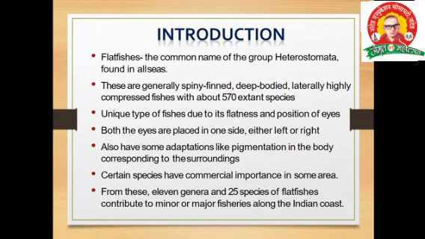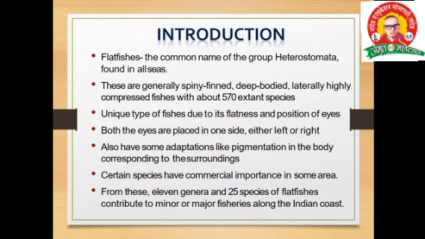Flatfish is the common name for the group Heterostomata, found in all seas. These are generally spineless, with a deep body, laterally highly compressed. As I already told, they are dorsoventrally compressed, with eyes either on the right or the left side.